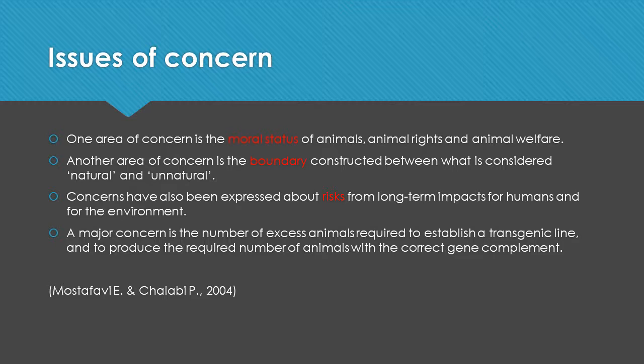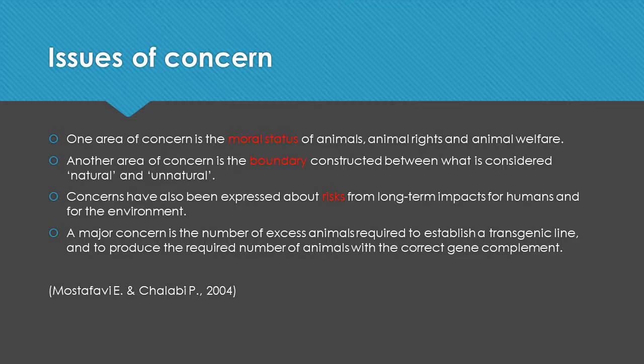Because if these things become a norm in our society, then it is hard to differentiate between the natural and the unnatural. Also, concerns have been expressed about the risk from long-term impact for humans and for the environment. And a major concern is the number of excess animals required to establish a transgenic line and to produce the required number of animals with the correct gene complement.